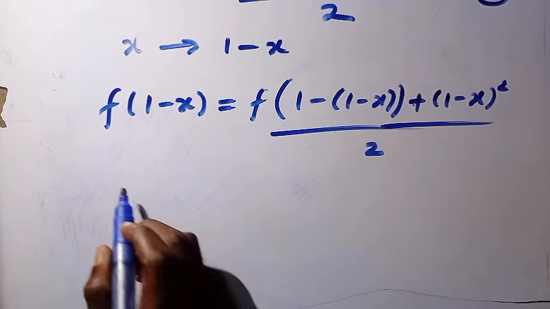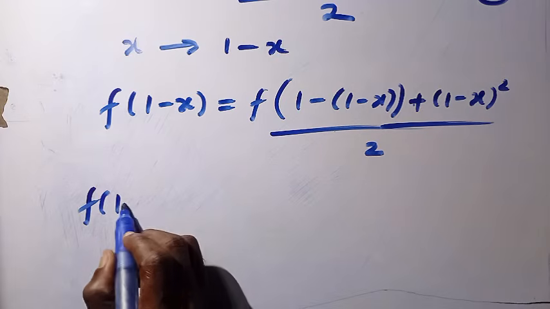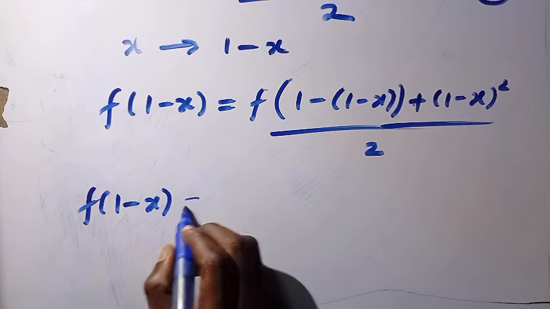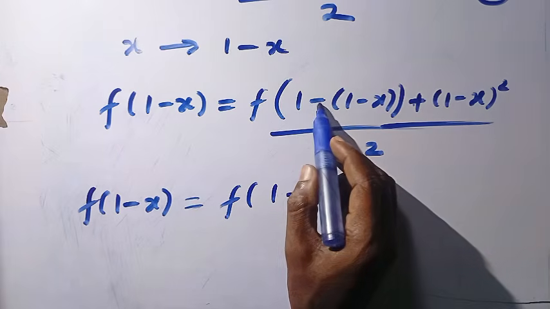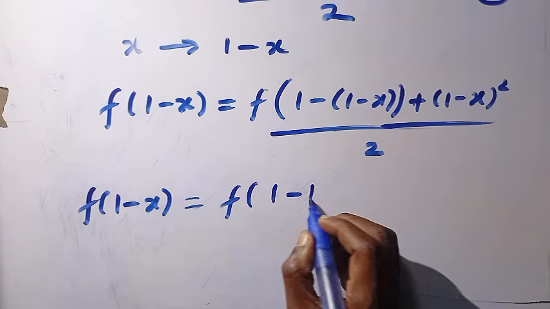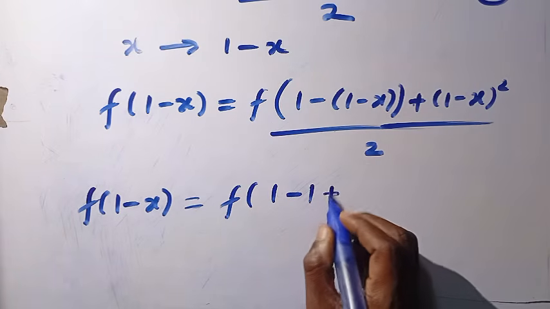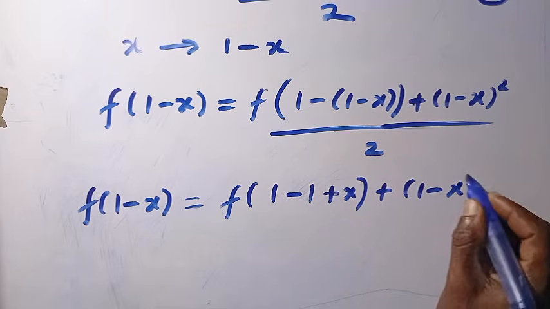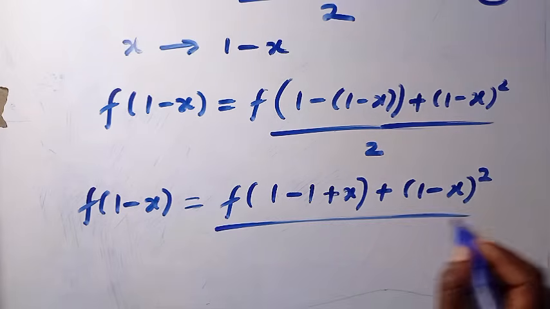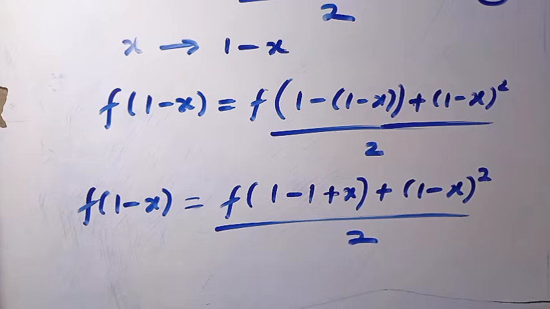So then we have f of 1 minus x equals f of 1 minus negative. We open this, we have it as minus 1 plus x, then plus (1 minus x) squared, all divided by 2.